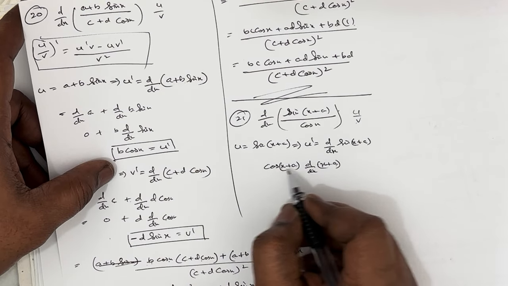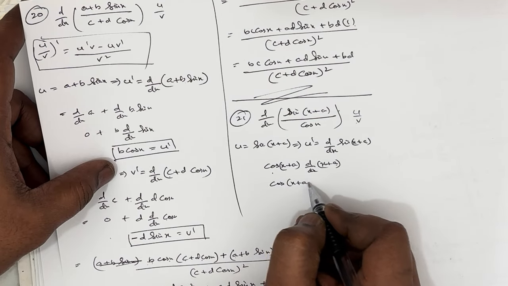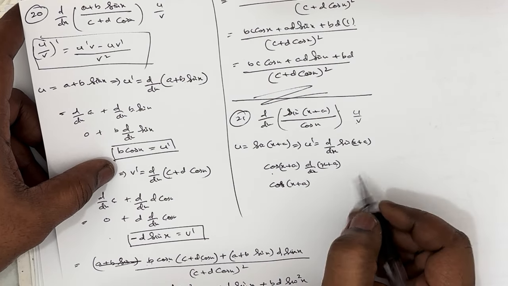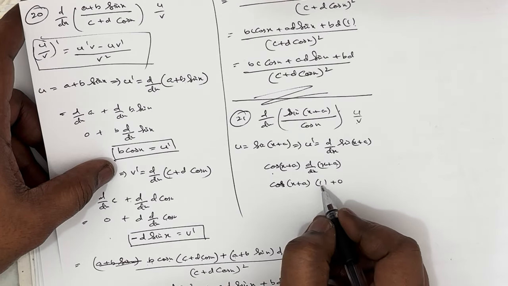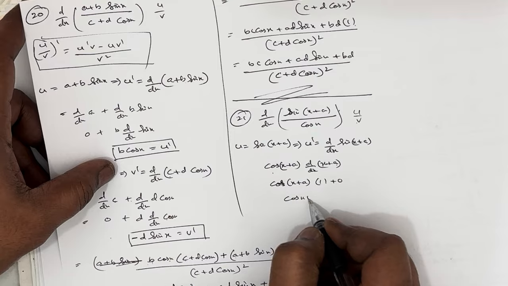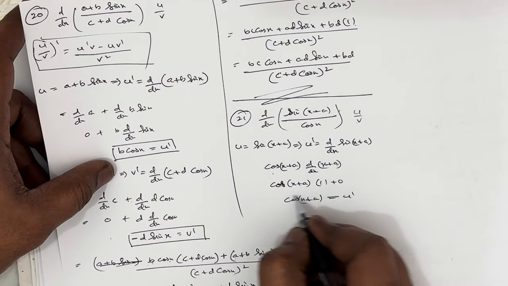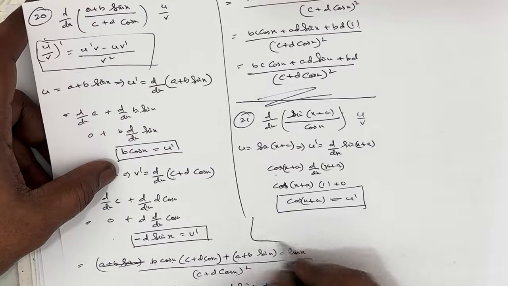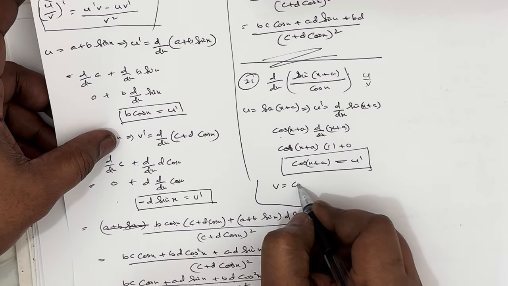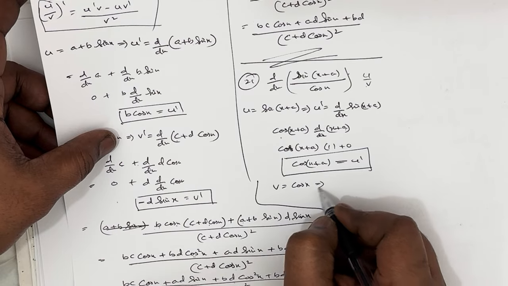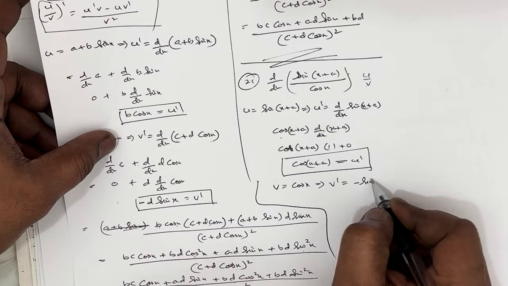So cos(x plus a) into 1 is the same thing. This is u dash. Now let's find v dash. v is equal to cos x, which implies v dash is equal to minus sin x.